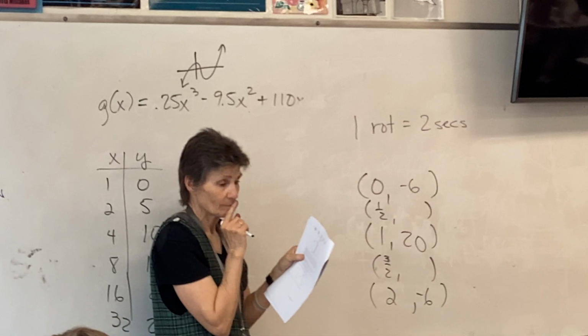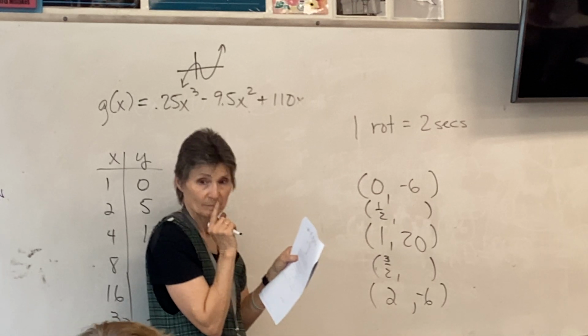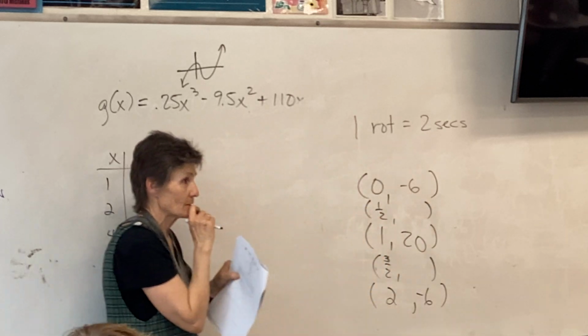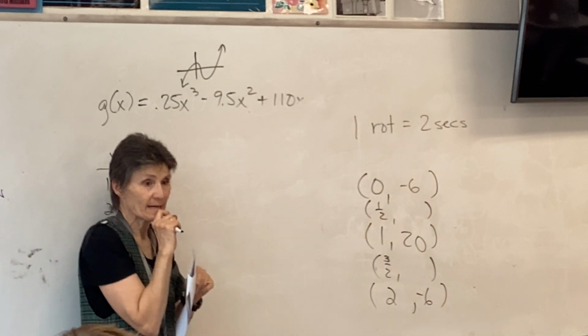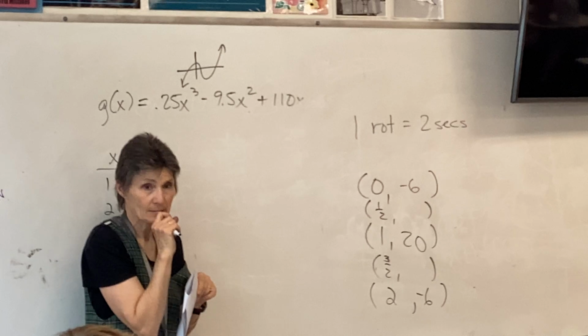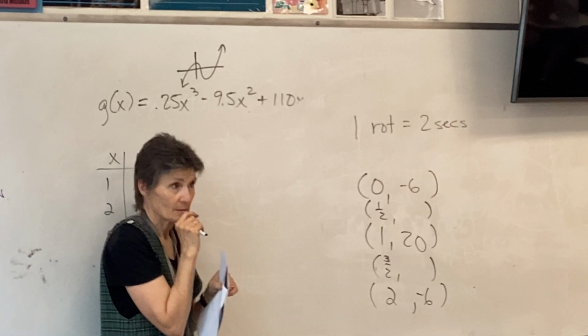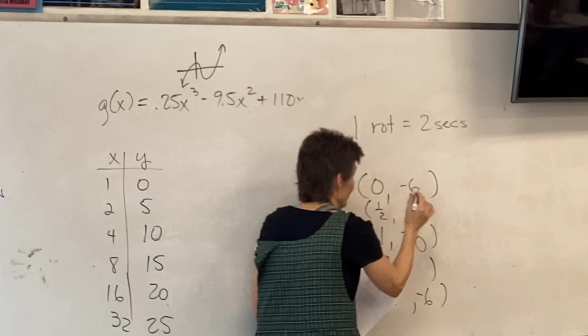I don't know. Won't it be halfway in between these? So how do we find halfway in between those? Average them? So what's the average of those? 7? Now let's think about that for a minute.